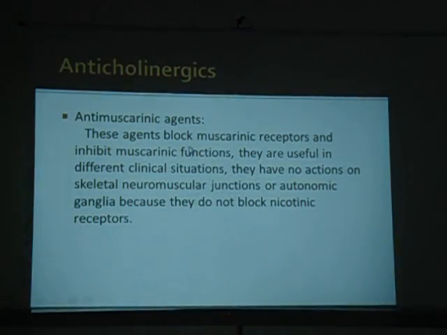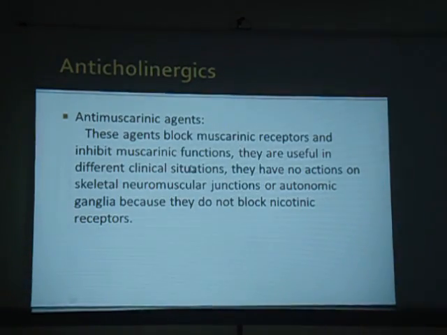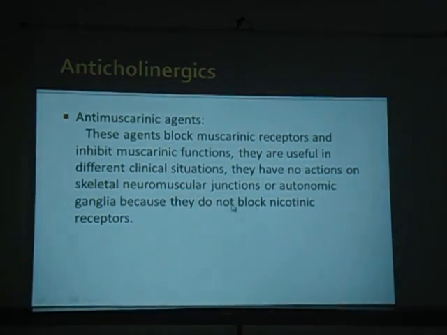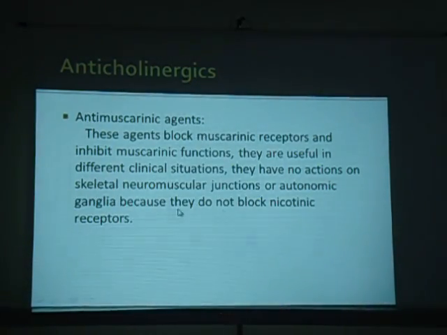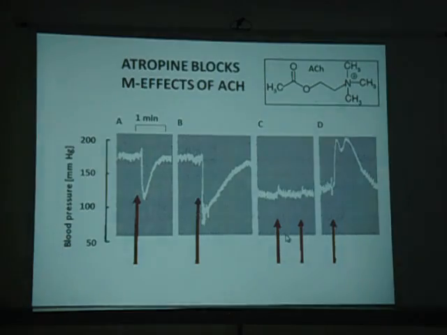So these are the agents which block the muscarinic receptors and inhibit the muscarinic function, and they are useful in clinical situations where we need to curb this cholinergic action. Okay, they have no action on the skeletal neuromuscular junctions where NM receptors are present and autonomic ganglia where ANS receptors are present.